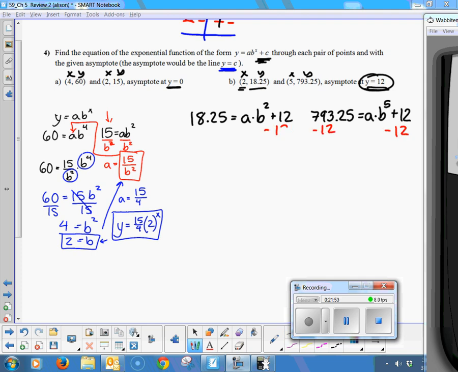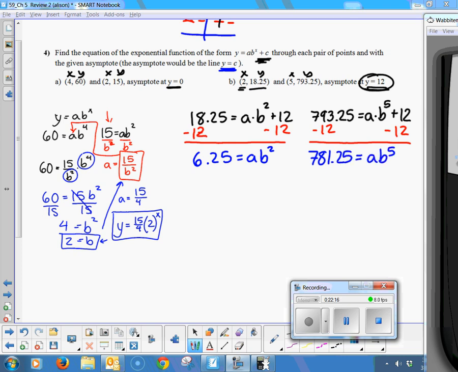So I'm going to do that on each problem. Okay. And so here, 18 minus 12 is 6, so this is 6.25 equals a times b squared. And here, this is 781.25 equals a times b to the fifth.